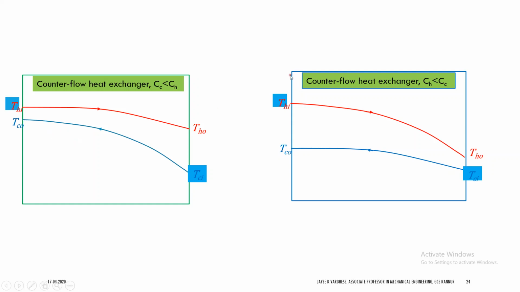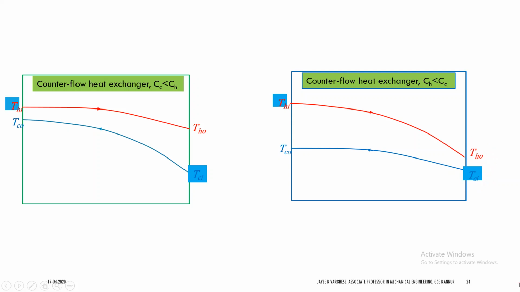Okay. Now we take the other case. If CH is less than CC, that is the hot fluid is having lower value of heat capacity, in this case hot fluid will undergo more temperature variation. Now for this heat exchanger, if we increase the length to infinity, what will happen? THO will be decreased and THO will tend towards TCI.